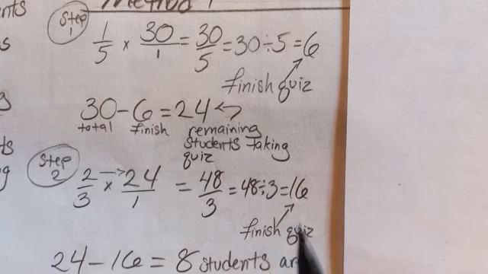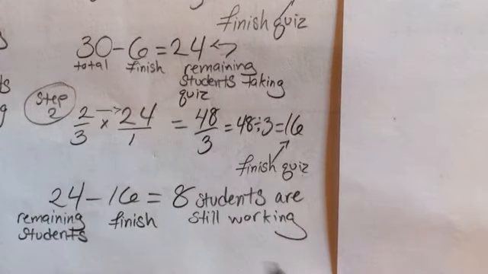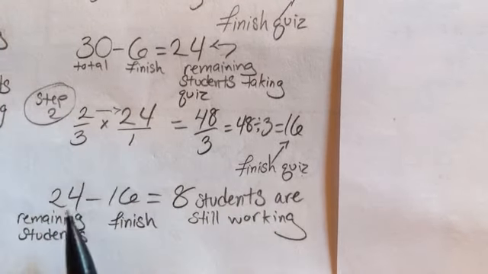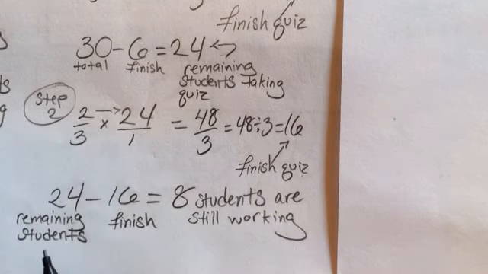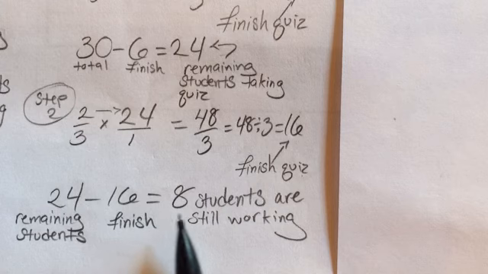And if you do the division, you end up with 16 finish the quiz. If 16 finish the quiz, and we started out on step 2 with 24 remaining students, 24 minus 16 is 8 students are still working on the quiz.